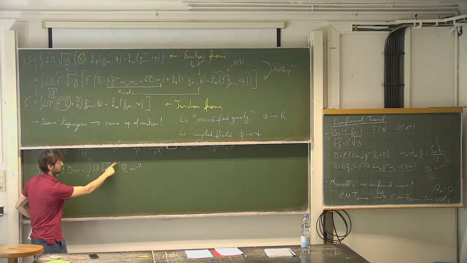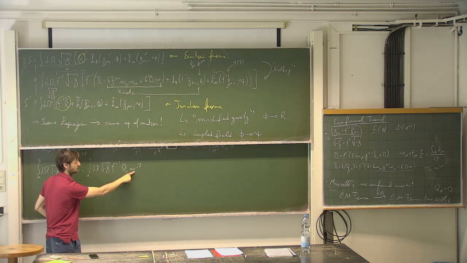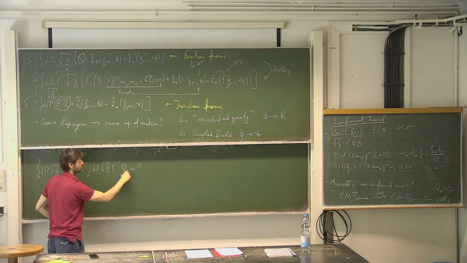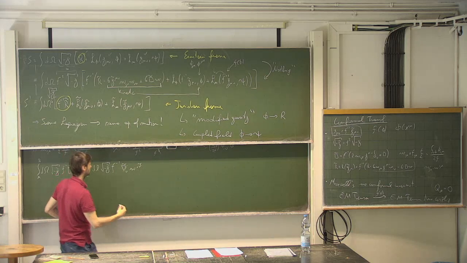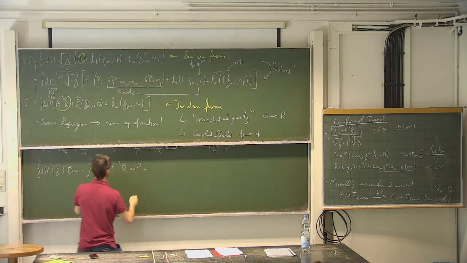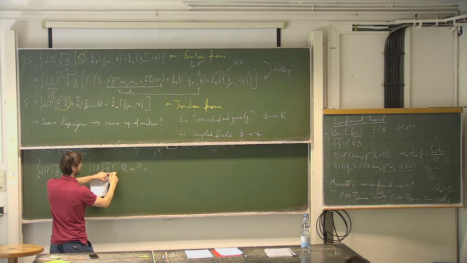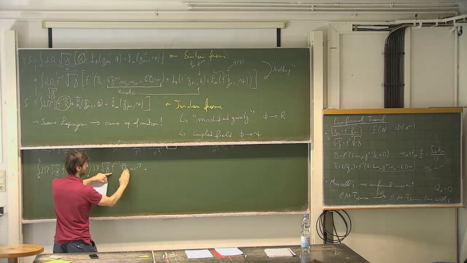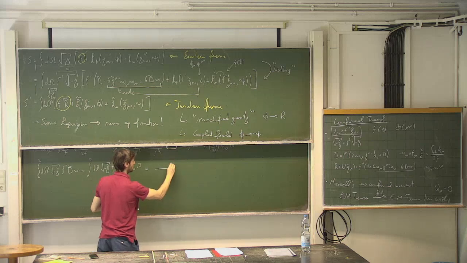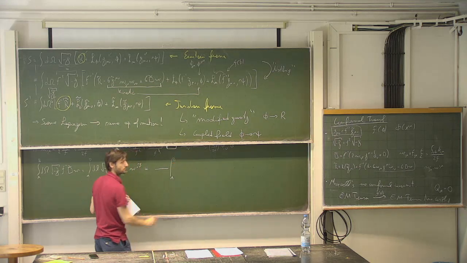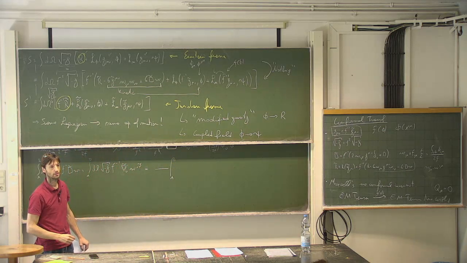So you see, we have a function times the derivative of this, actually the divergence of this guy here. Okay, so now we can integrate by parts. We are going to get a boundary term proportional to f⁻¹ times this guy here, which is completely irrelevant because this is between A and B, and that's a constant.